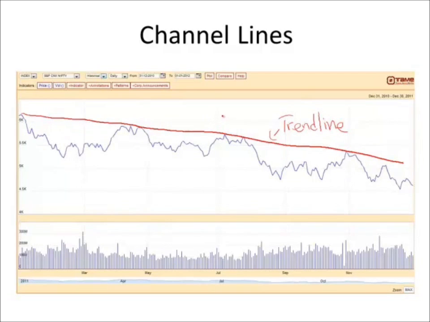Okay, and now I am also going to draw the channel line, and I'll maybe do that in a dashed form so that it's easier to see. So the channel line will represent the lower bound for prices. So if we look at where the lows are being made, it will probably be these points here, and this would be parallel to the trend line.